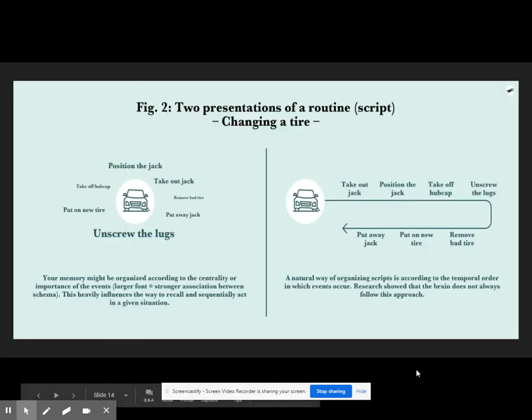All right, so a moment about methods of organization. There are two ways that your brain is going to organize this information. One of them is called the centrality or importance model. So if your brain doesn't really identify this as information that it really needs to remember in a really deep, meaningful way, it's probably just going to store it inside of the folder.